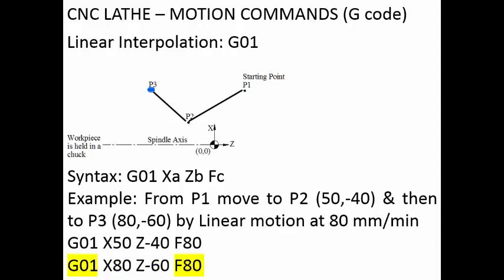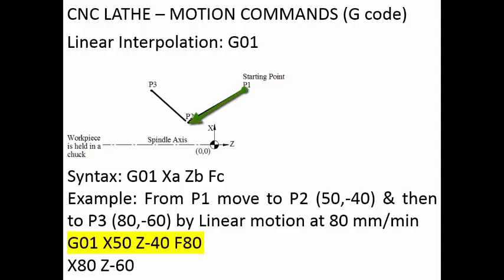So now we are seeing G01 is repeated, F80 is also repeated in the second line. Whatever the same parameters are there, we can as well eliminate them from the program. It is not required to type it again. You can simply write X80 and Z minus 60 as the second line. So when the controller reads the first line, that is G01, X50, Z minus 40, F80, the tool can be anywhere.